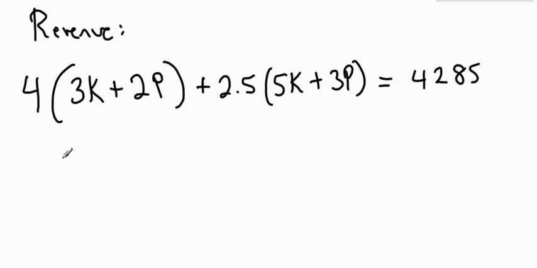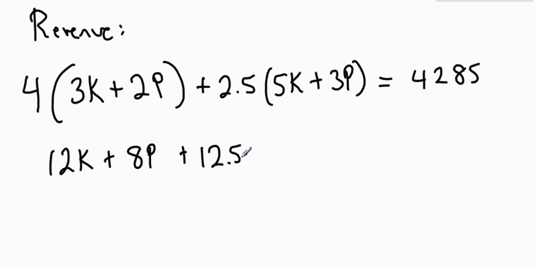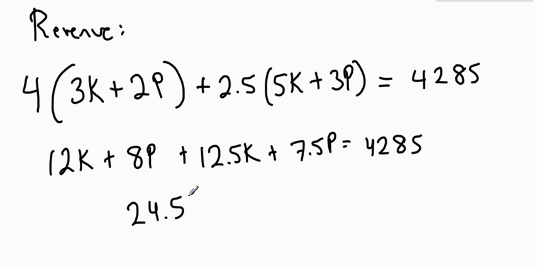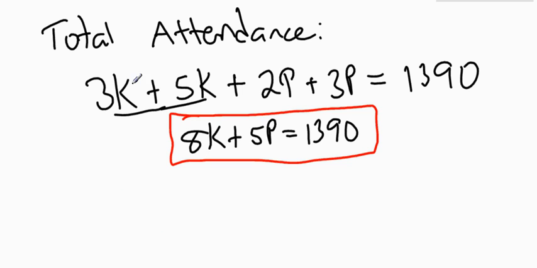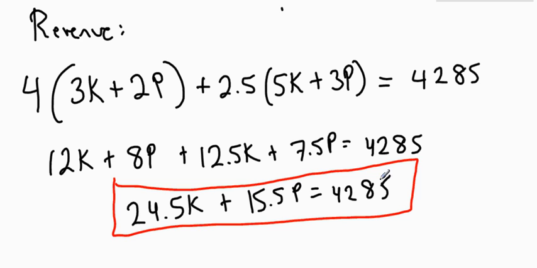And again, if I clean this up and collect like terms, I'll have another equation involving K and P. So let's do that. So 12K plus 8P plus 1250K plus 750P equals 4285. Collect like terms: 2450K plus 1550P equals 4285. And there is my second equation involving K and P. So here I have an equation that talks about the number of people who attended, and here I have an equation that talks about the revenue.